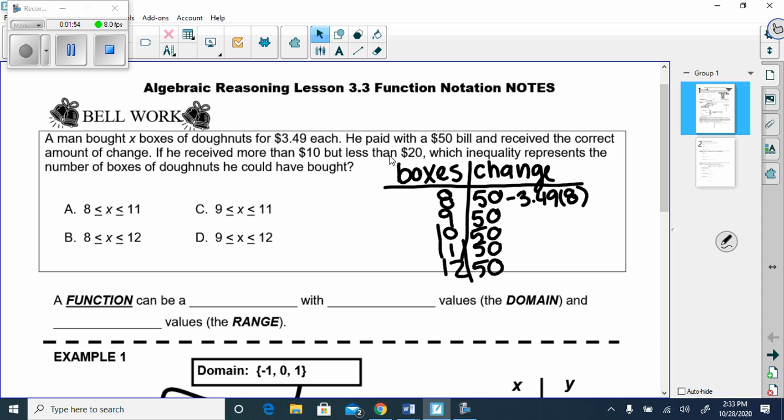All right, and I can put that in my calculator. So what is 50 minus 3.49 times 8? Good. 22.08. All right. Same idea here for 9. So I'm going to take out 3.49, but this time times 9 boxes. How much is left for me then?